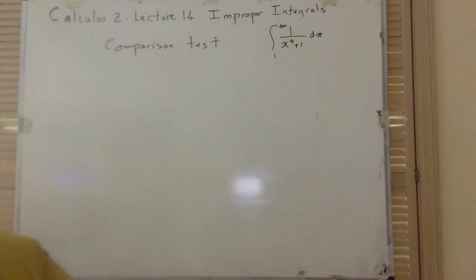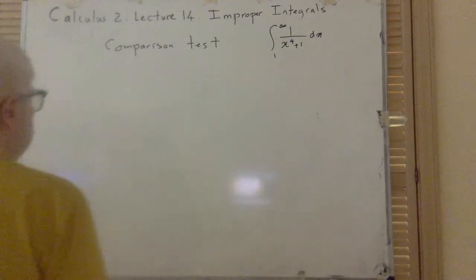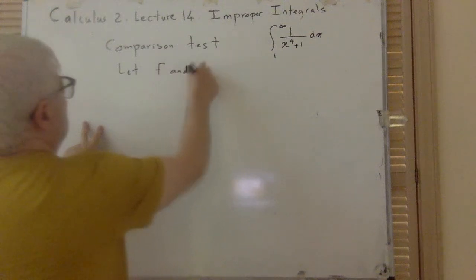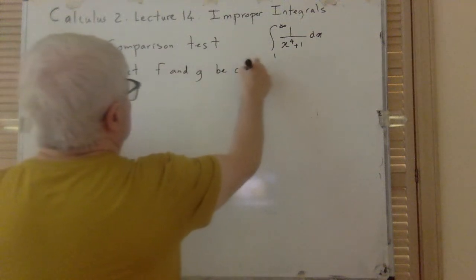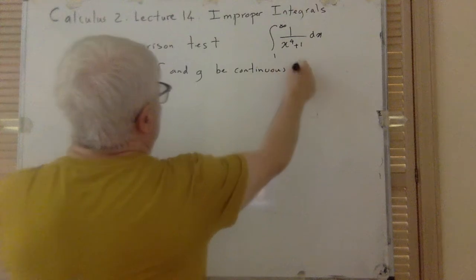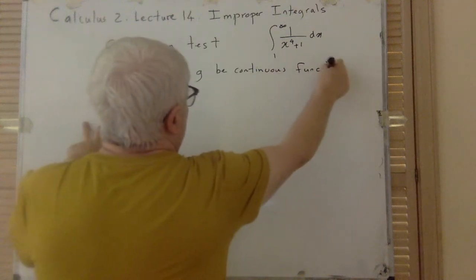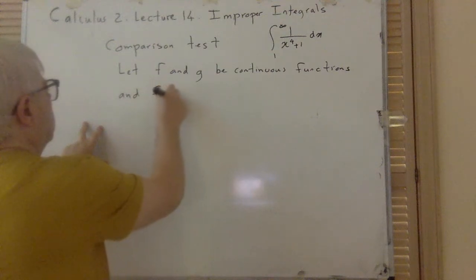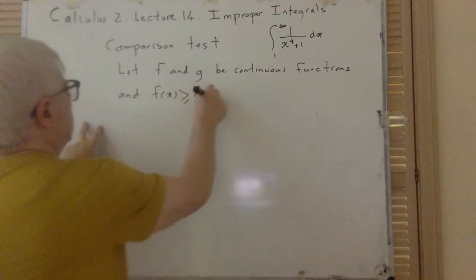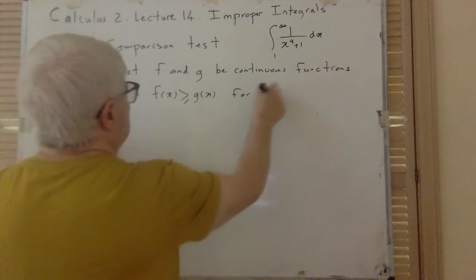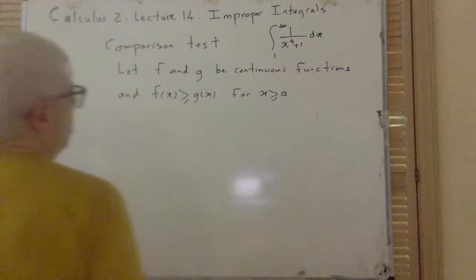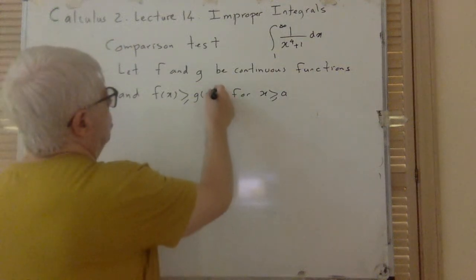Now, let f and g be continuous functions, and f of x bigger than g of x for x bigger than or equal to a. And I guess the book also assumes that they are bigger than 0.